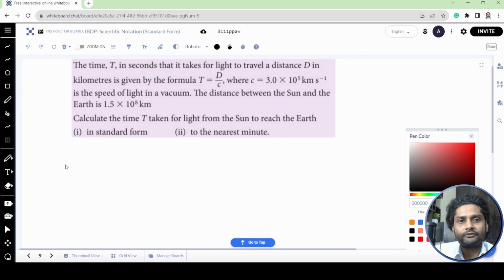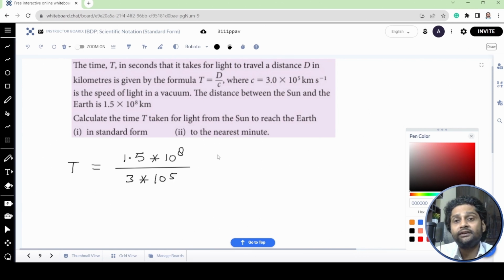The time we have to figure out, and the distance given to you is this one. They're given the distance between the sun and the earth is 1.5 times 10 raised to the power of 8, and the speed of light we are given as 3 times 10 raised to the power of 5.